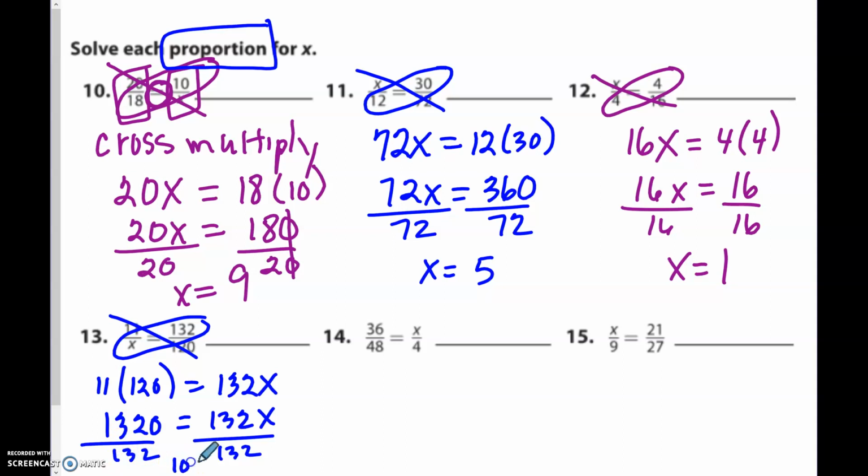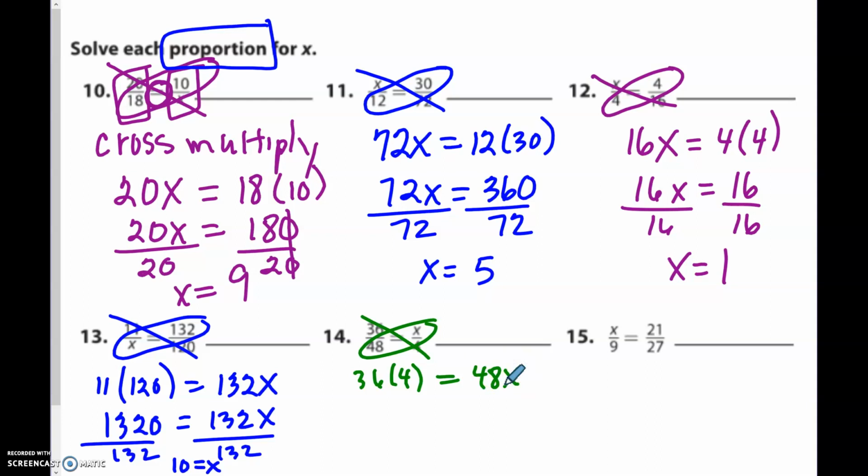Ooh, running out of room here on the bottom. Have to write smaller on the next one. All right, so again, try number 14 here. So we're going to cross multiply. 36 times 4 equals, and then the other way, we have 48x.